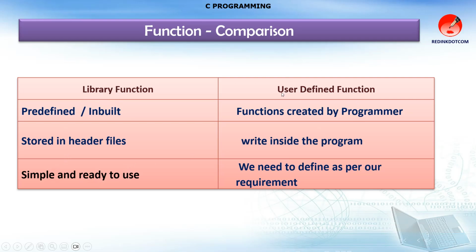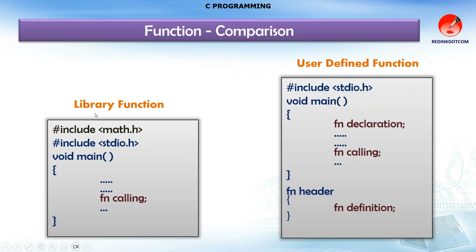But if you want to use a user-defined function, it should be defined and declared first, and only then can we use it. When we use a library function, we should include the necessary header files and call the appropriate function. But for a user-defined function, we should define and declare it, and only then can we call it.